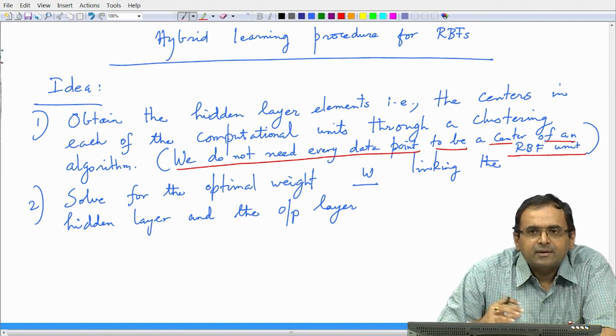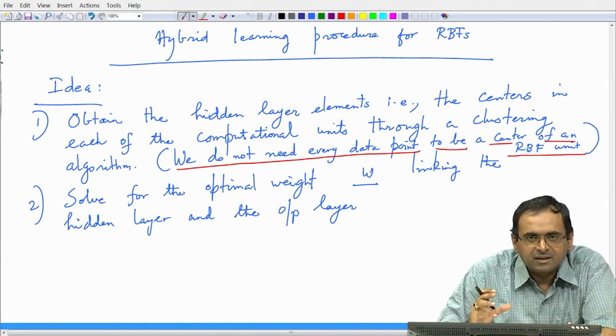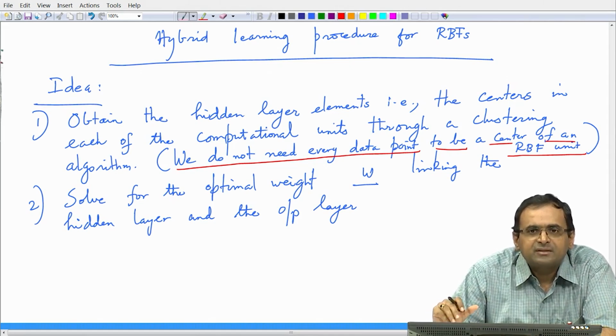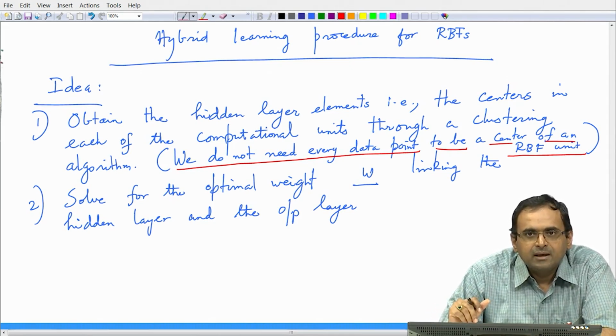We are given a bunch of data points, and from these data points we arrive at some clusters, capital K, which is significantly less than the number of data points, capital N, to start with.